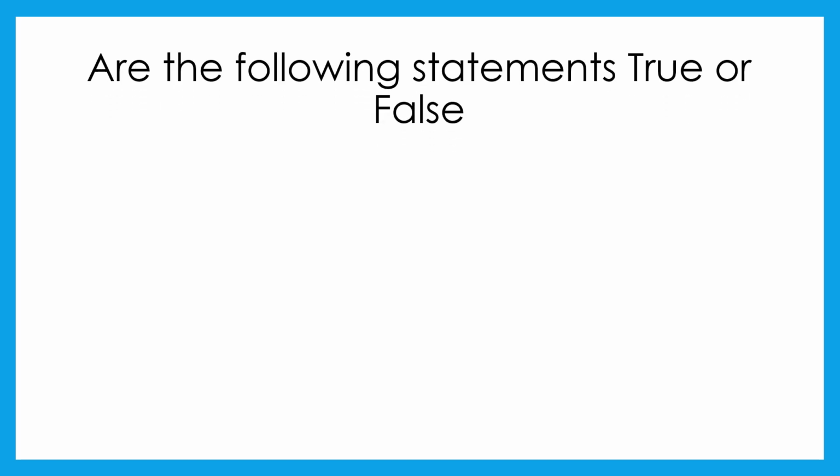All right, so let's have this one. Are the following statements true or false? Number one, a set with elements O and E is equal to the set with elements N, A, O. Of course, if you can see, the elements on this set are exactly the same as on this set.